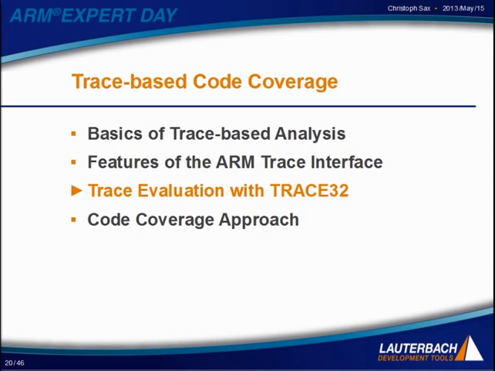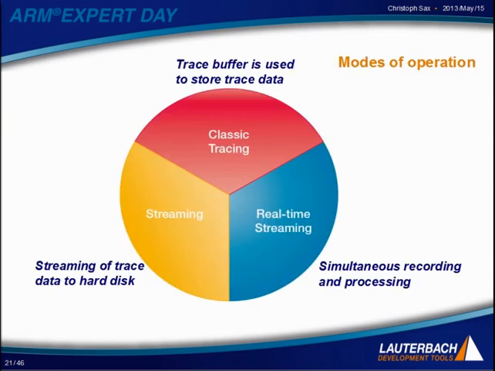In the next chapter, I'm going to discuss the basic modes of operation of TRACE32 that are used for trace evaluation. We have three modes of operation, which alter the way the data is processed and stored. We have classic tracing, we have streaming, and we have real-time streaming. Classic tracing uses the trace buffer as primary storage location, and the trace buffer is located within the trace tool.